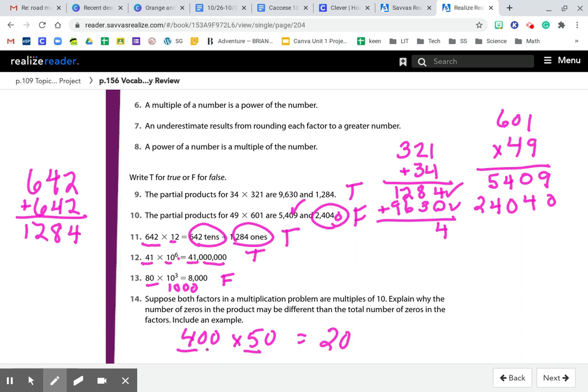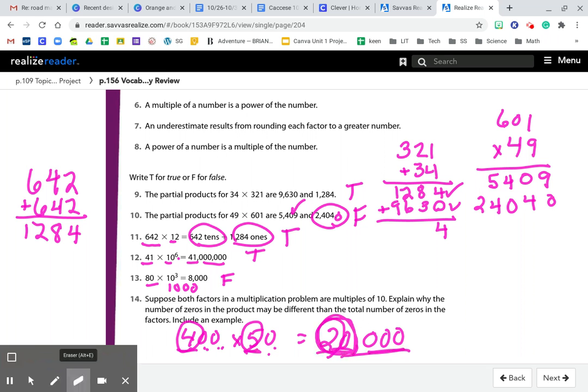And then we're going to annex 1, 2, 3 zeros. So we actually have 4 zeros in our answer. We don't have 3 zeros in our answer. So be careful because when you are multiplying your digits, 4 times 5 is 20. You're getting a 0 in that answer, and then you're bringing your 3 zeros over. So be careful.